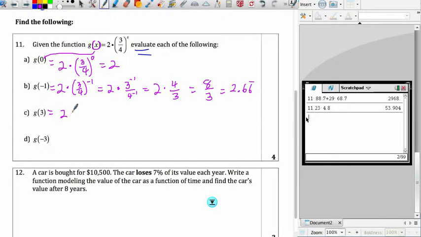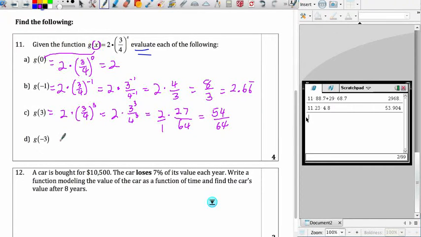For g of 3, 2 times 3/4 to the power of 3, and so that is 2 times 3 cubed over 4 cubed. 3 3s are 9, 9 3s are 27, 4 4s are 16, times 4 is 64, and we can write our final answer as 54 over 64, because it's 2 times 27 is 54 over 64. Essentially we're multiplying by 2 over 1, and so that's how we end up. We can simplify, write a decimal, or just leave it as is.